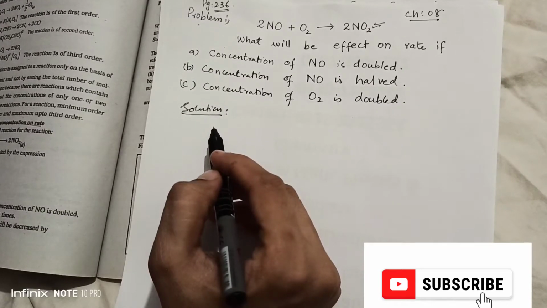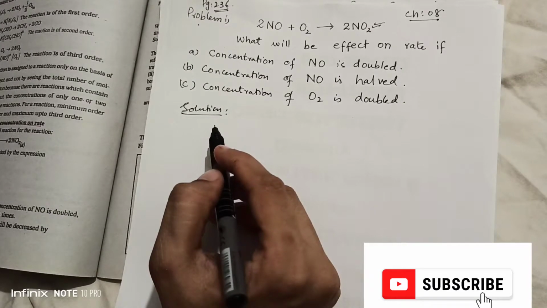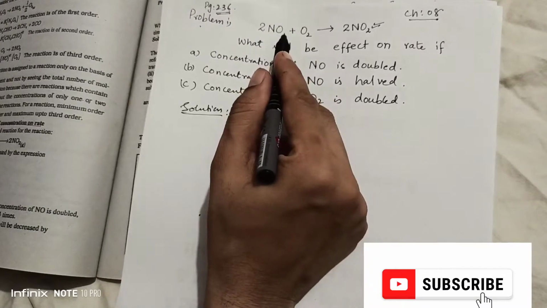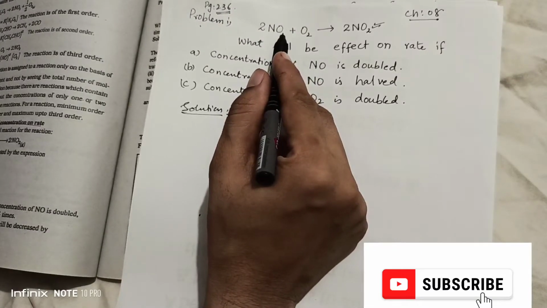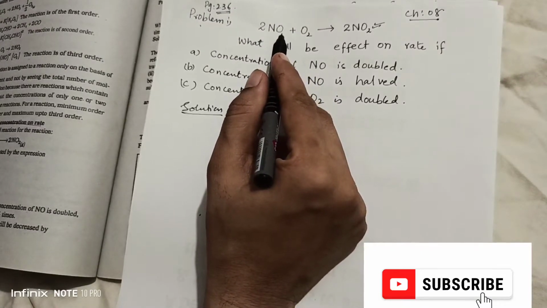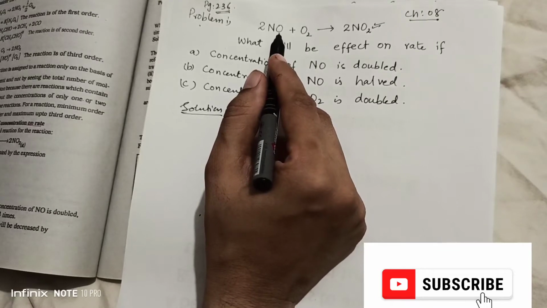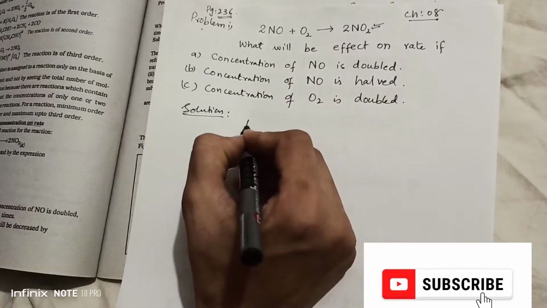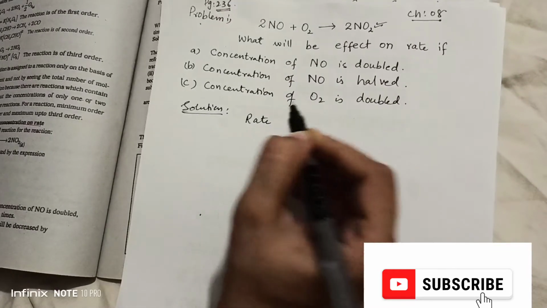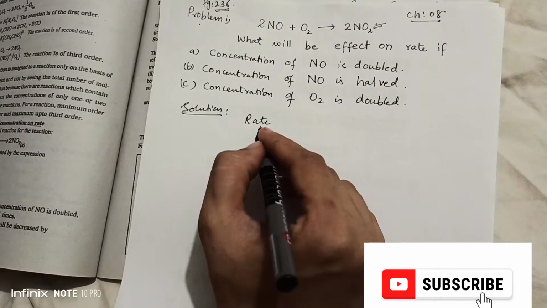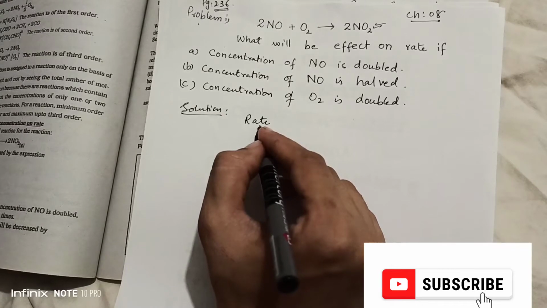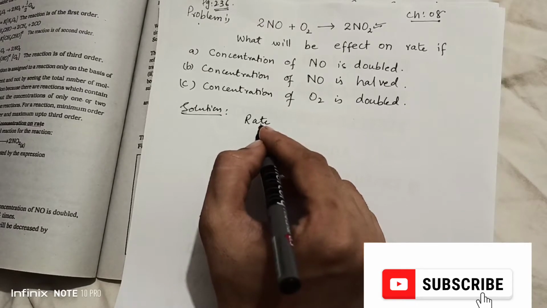Solution. First we have to write the rate expression of this equation. The students who don't know how to write the rate expression can see my yesterday's video. You can write rate as dx upon dt, or velocity of reaction.